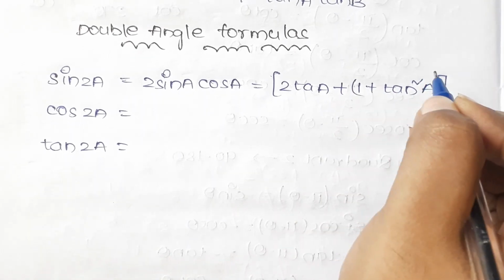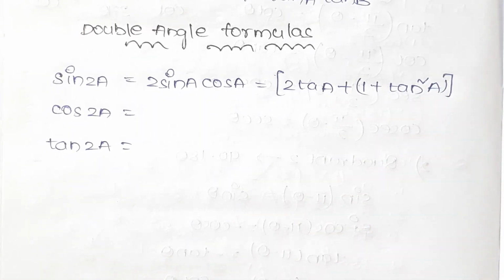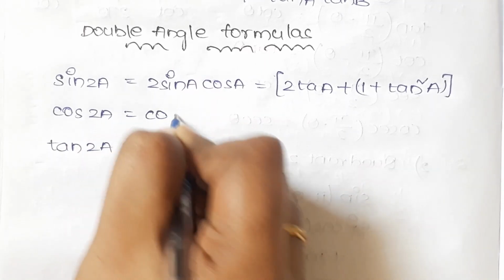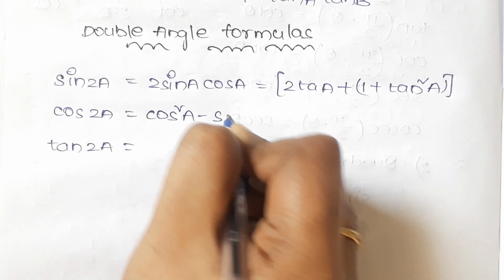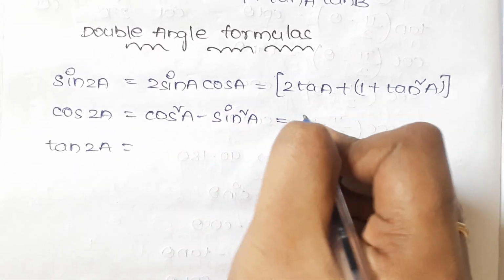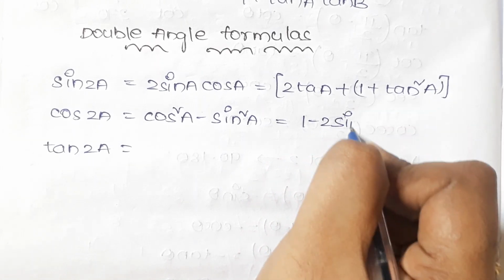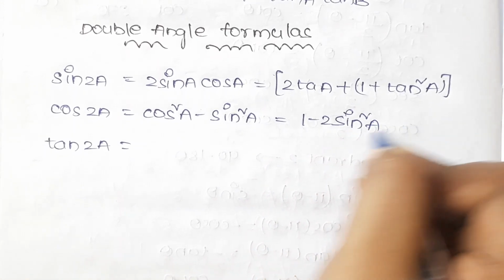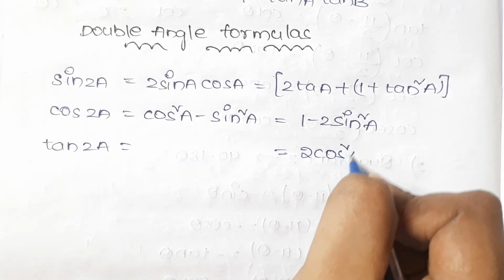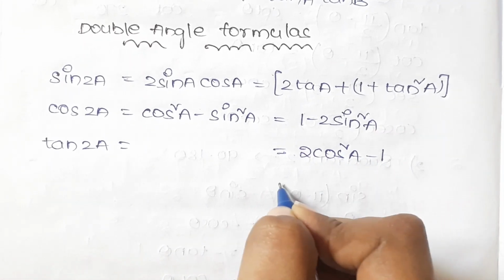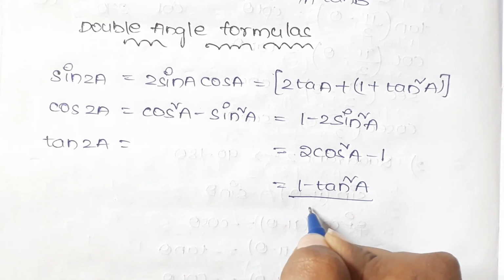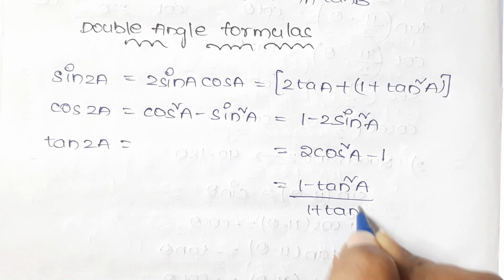This can also be written so. And cos 2a is cos square a minus sin square a, and also equals 1 minus 2 sin square a, which equals 2 cos square a minus 1, and finally 1 minus tan square a divided by 1 plus tan square a.